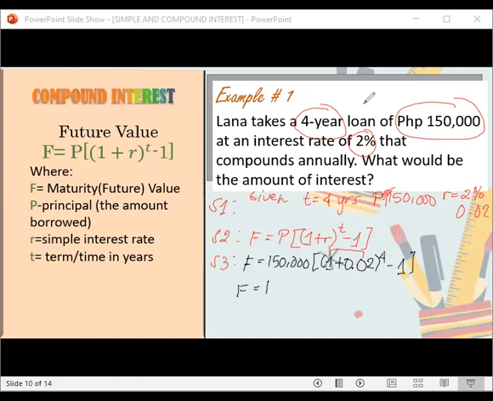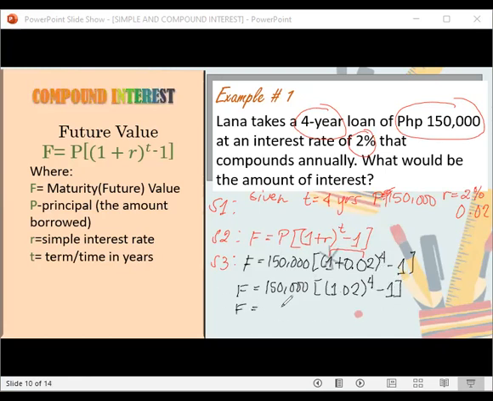So, 1 plus 0.02. So, opehin lang natin muna yung 150,000. So, 1 plus 0.02, ang sagot ay 1.02. So, 1.02, syempre yung raised to 4 minus 1.